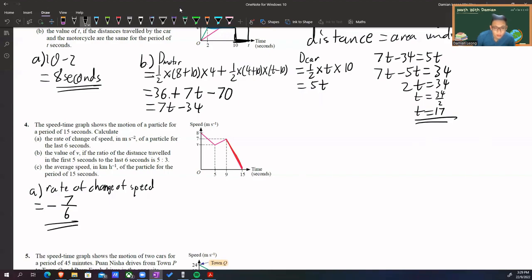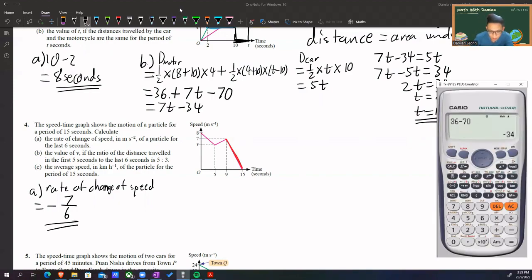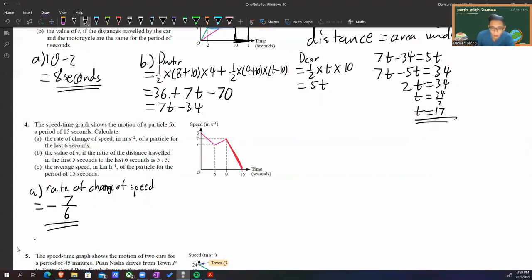You can actually keep it in this form if you want. Okay, but of course if you go and calculate 7 divided by 6 and get 1.167, it is not wrong as well. Okay, negative 1.167 is also fine. Unit will be meter per second divided by seconds, then it's meter per second square. That's why you can see the unit is correct. Meter per second divided by seconds.